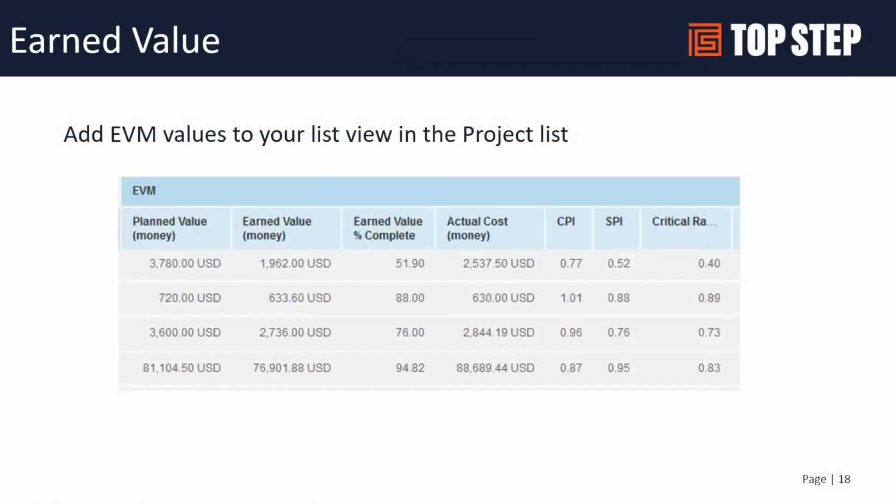So as I mentioned earlier, once you turn EVM on and you look at your project list or your outline view within your projects, you'll now see lots of new options. So you can see here we've got our earned value, our actual costs, planned value, all become available here, our CPI and our SPI.